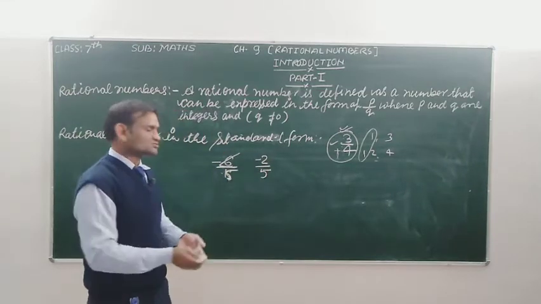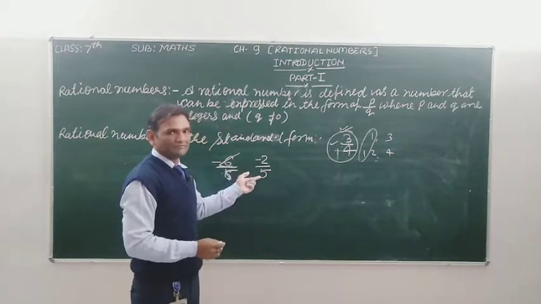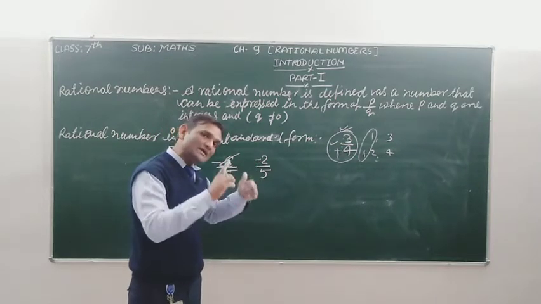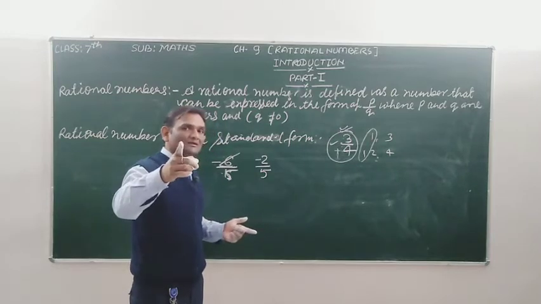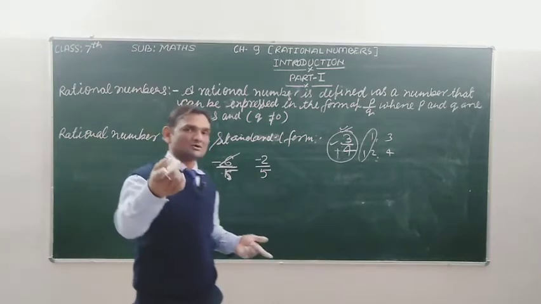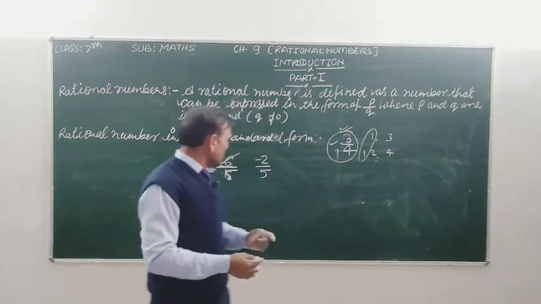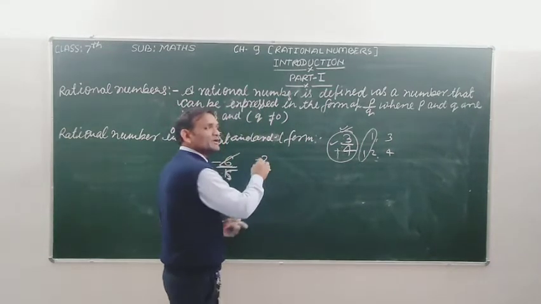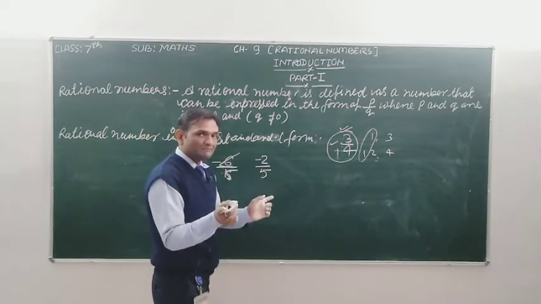Now again check, student, -2/5. Are 2 and 5 divisible by any number except 1? Your answer will be no, sir, because these two numbers are divisible only by 1, not by any other number.